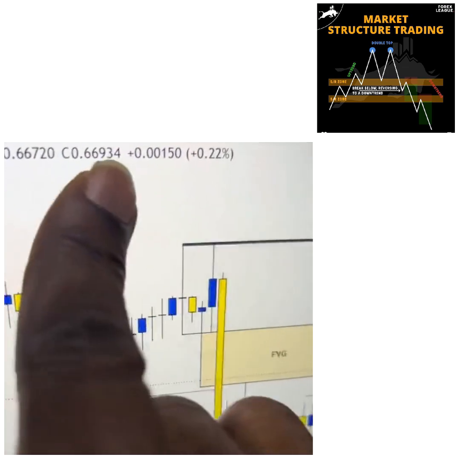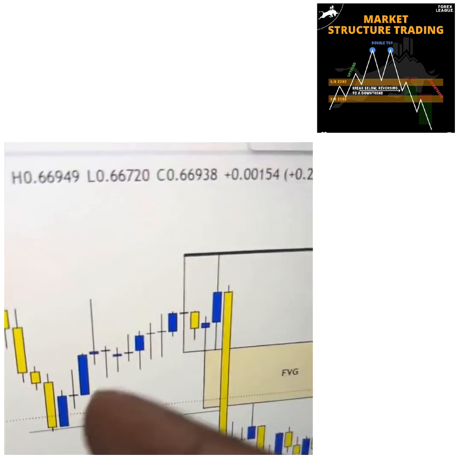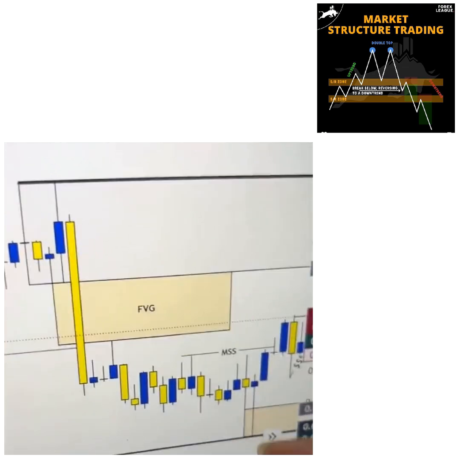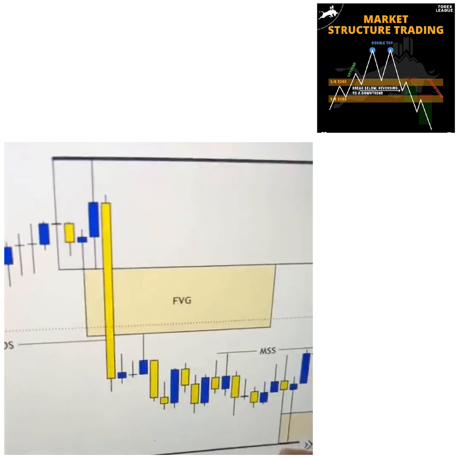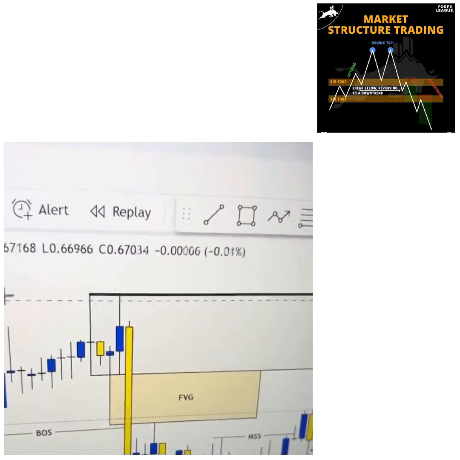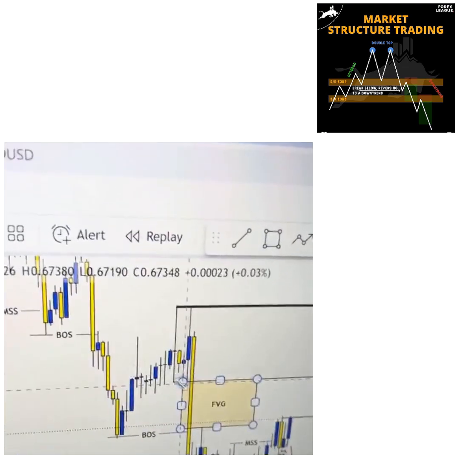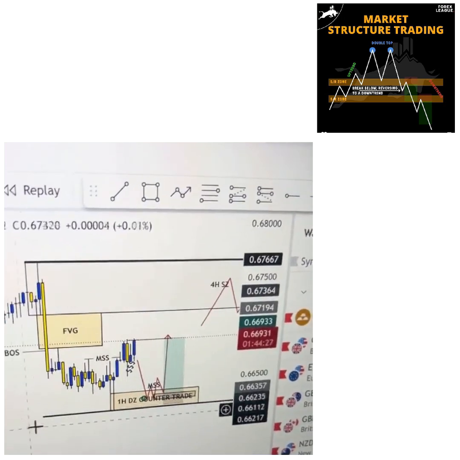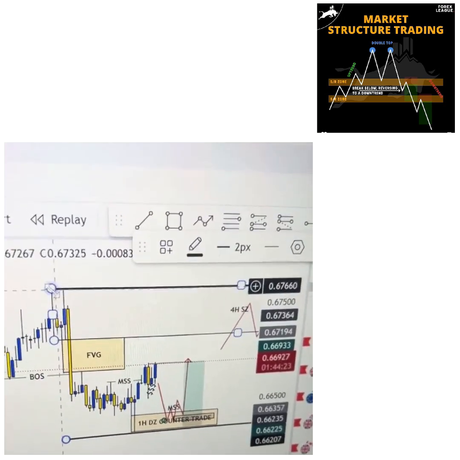Now this is the current price action. Price is giving us a lower high, then a lower low. Are you seeing it? It's giving us a lower high, lower low, which means we are currently trading between this low and this high here.